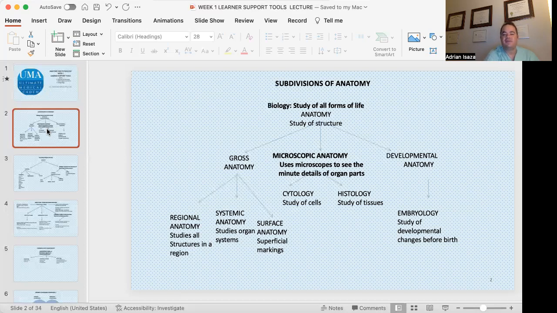All right, so that's the biggest takeaway behind this. Something else that's bolded here is biology. What's bio? Life. What's logy? Study of all forms of life, right? So study these slides, but absolutely make sure you know the things that I bolded here for you, right? Make sure you know the bolded information, right?